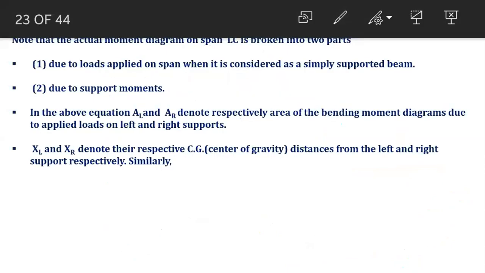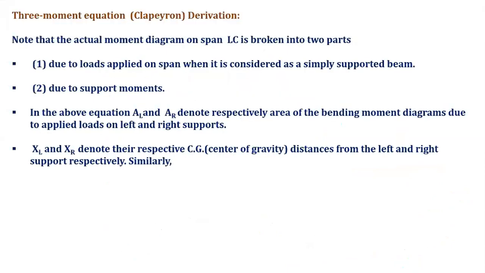Now here you can write: the actual bending moment diagram on span LC is broken into two parts. After completion of the two diagrams, the bending moment diagram on the span is broken into two parts. The first one is due to applied load on the span. The second one is due to support moments.